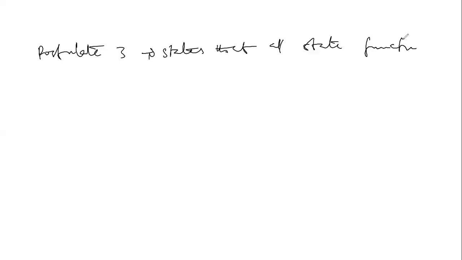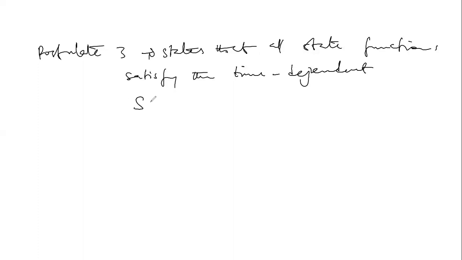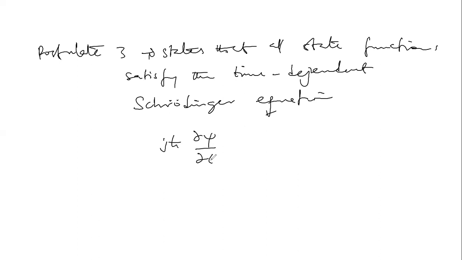That's postulate 3, which states that all state functions satisfy the time-dependent Schrodinger equation, which we have been playing with, which is i h-bar d psi/dt, the same as the Hamiltonian operating on psi, where H is the Hamiltonian.